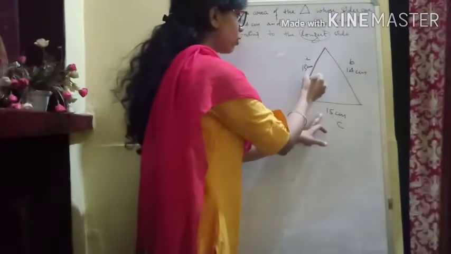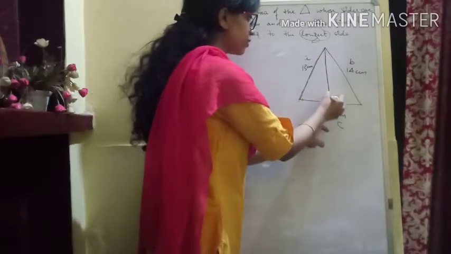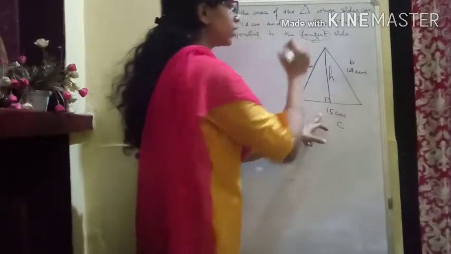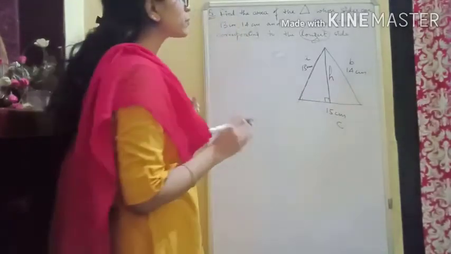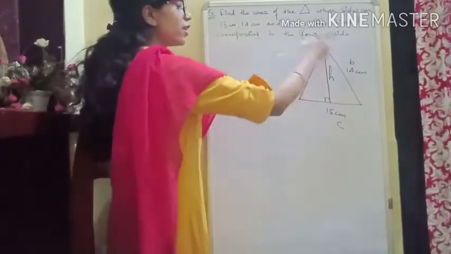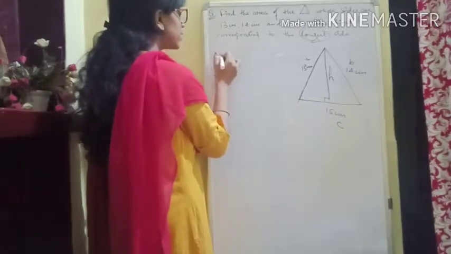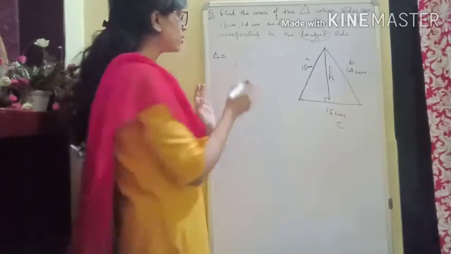So what we do, on this side we have to draw a perpendicular, that means the height. So here we are dropping a perpendicular. Let's say this is our height h on the longest side, so we have to calculate this. Okay, now if you see in this triangle, since we know the perpendicular, we can apply the area in this way, half base into height.